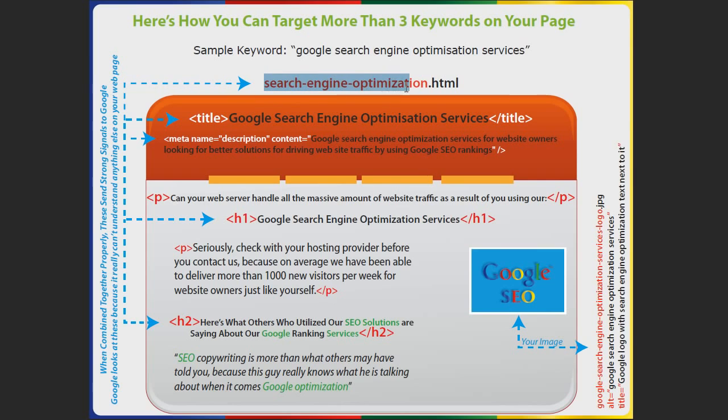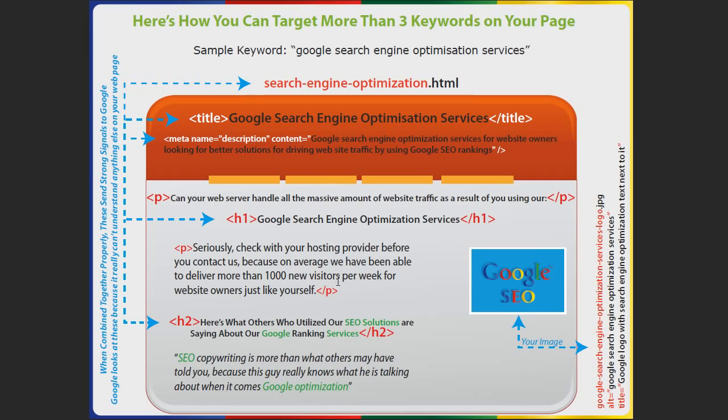Your URL portion is like the book name. Okay, so have your titles intelligently, have your keywords within it. Okay, in this example, you can target more than 3 keywords. In fact, depending on your online industry, for each word that you have on your website allows you to rank for it.